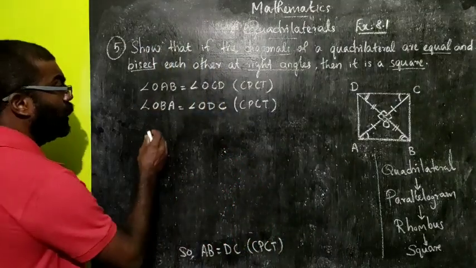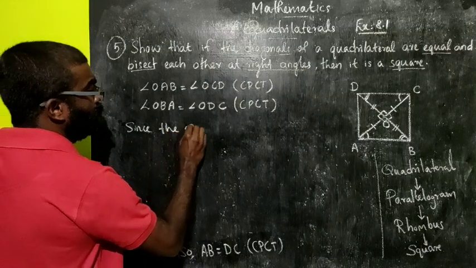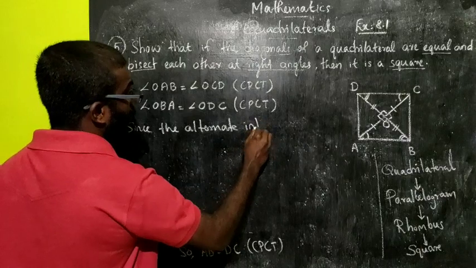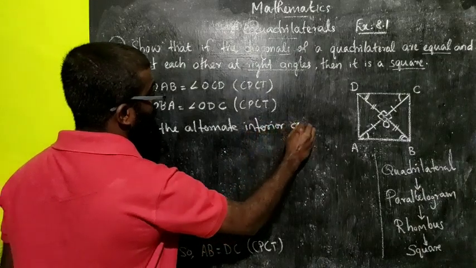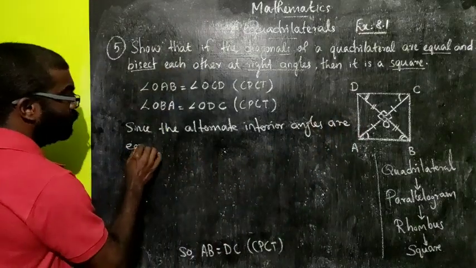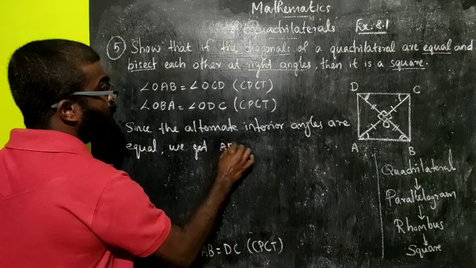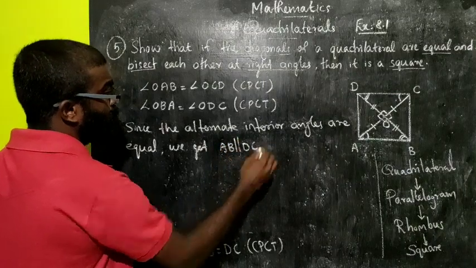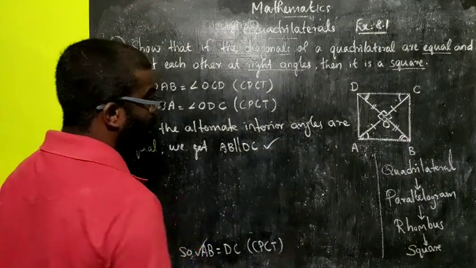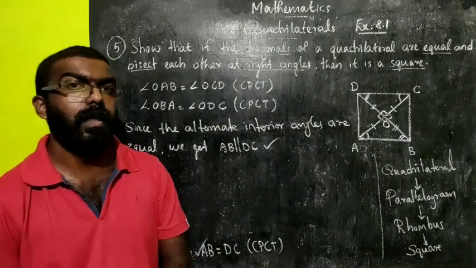So here we can write, since the alternate interior angles are equal, we get AB parallel to DC. And we got AB equal to DC. AB parallel to DC and AB equal to DC.